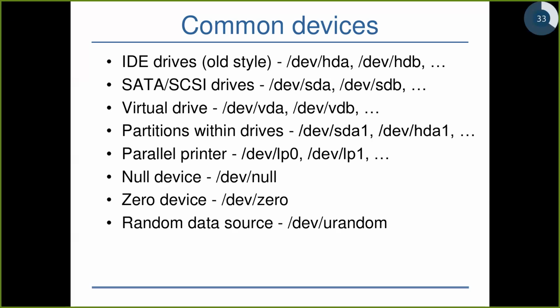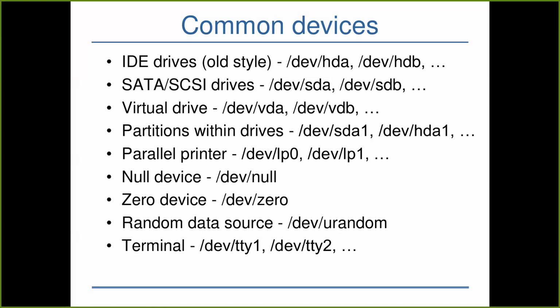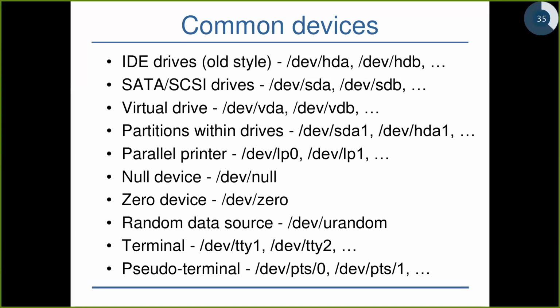There is also a random source device. Maybe you want to generate something random, so there is the /dev/random device. That's another example. Terminals, tty1, tty2, and so on. There are pseudo terminals, and some other devices, of course, that we will not cover right now.